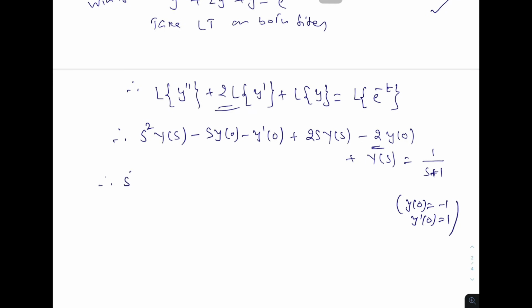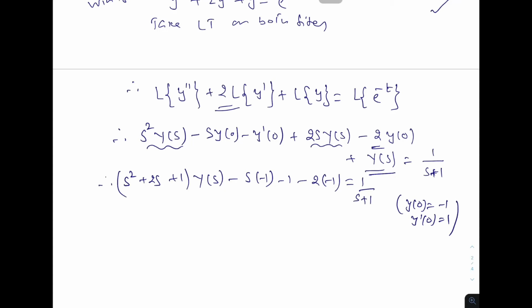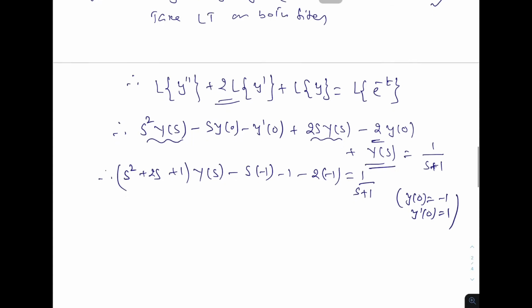So this is s square, and take this Y(s) out common, then plus 2s plus 1 times Y(s), minus s. Now y at 0 is minus 1, y dash 0 is 1, then minus 2, y at 0 is minus 1, and is equal to 1 over s plus 1.